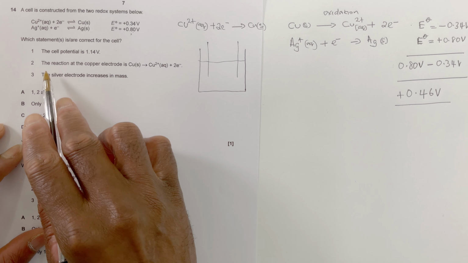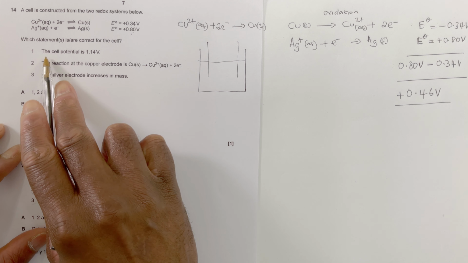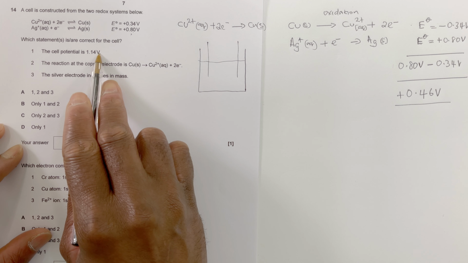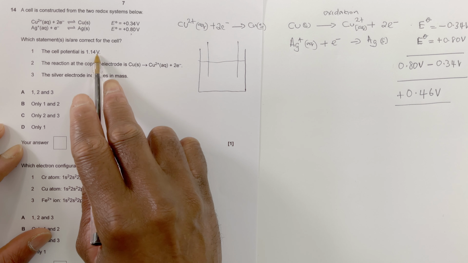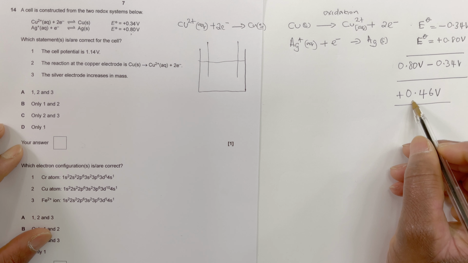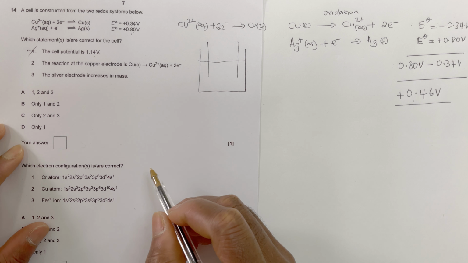Which statement is correct? We would say the cell potential is 1.14 volts. Well, what they've done is add these together to get 1.14 volts. That's not correct, because the cell potential will be this. So this is wrong.